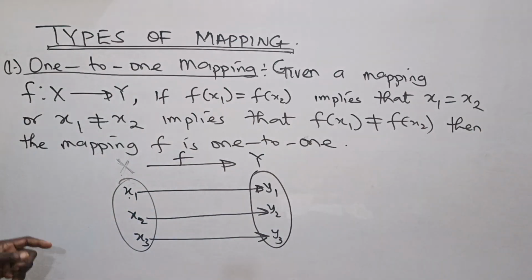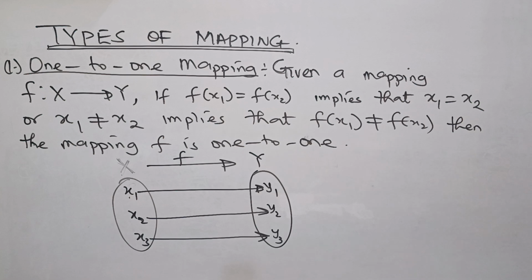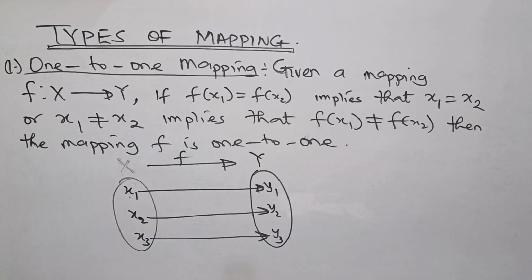This is a typical example of one-to-one mapping. We realize that the image of X1 is equal to Y1, the image of X2 is equal to Y2, and the image of X3 is equal to Y3. They have distinct images. So in this case, we say this is one-to-one.